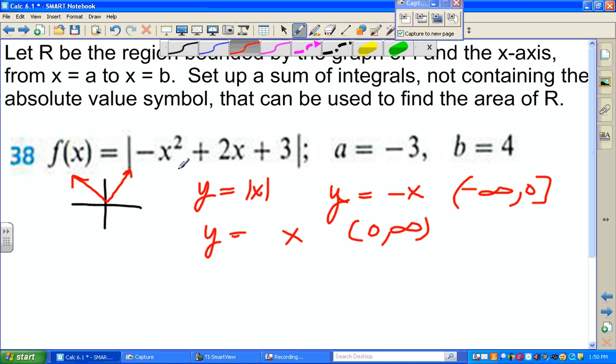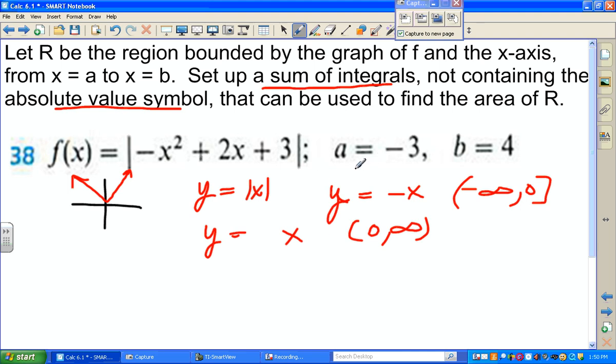Okay? So now what we have to do is let R be the region bounded by the graph from A to B. Set up a sum of integrals not containing the absolute value that can be used to find this area. So we have to figure out where they're positive and where they're negative from negative 3 to 4.